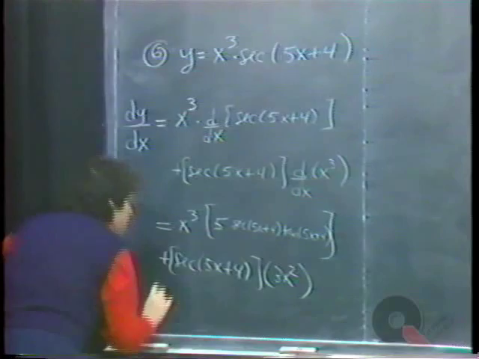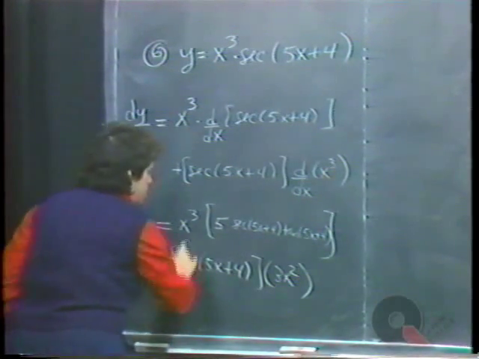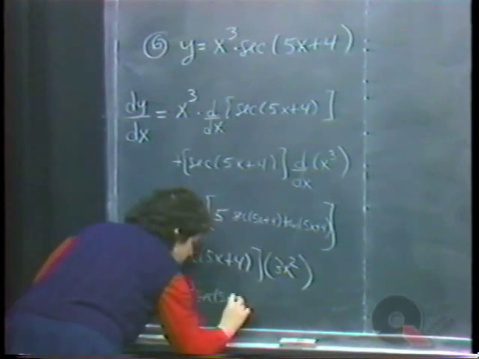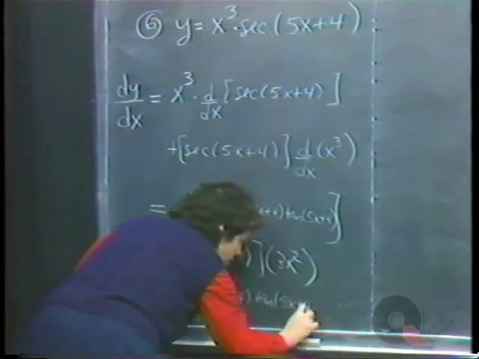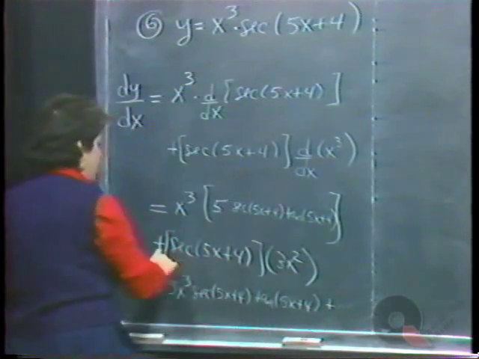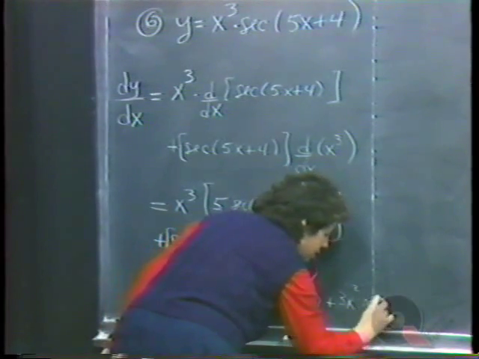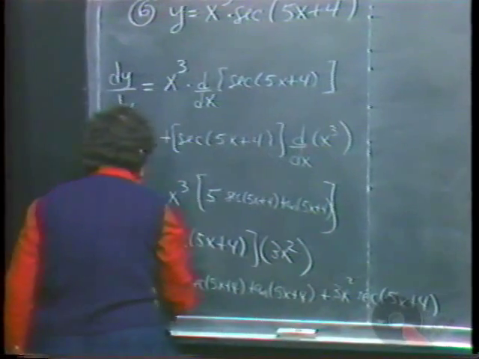Let's do that. 5x cubed secant of 5x plus 4 times tangent of 5x plus 4 plus 3x squared times the secant of 5x plus 4.